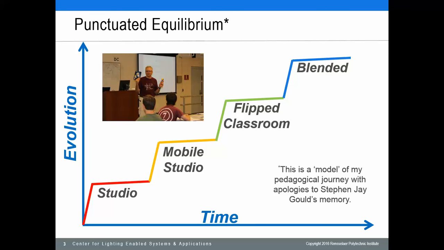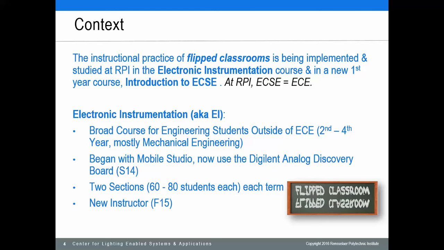Ultimately, as has happened in the engineering education community in general, I recognized that this is really what should be called blended learning, where we combine lots of different kinds of learning modalities in the same kind of environment. Because I kind of jump from one thing to another and keep making major changes in the way the student learning experience is provided, I call this punctuated equilibrium, kind of inspired by one of my favorite science authors, Stephen Jay Gould. Okay, so what are the two courses?